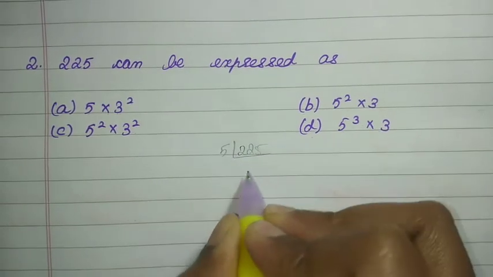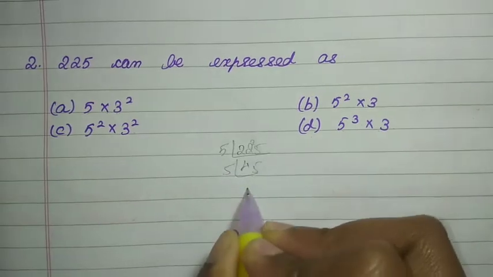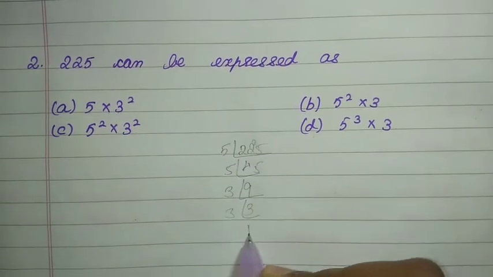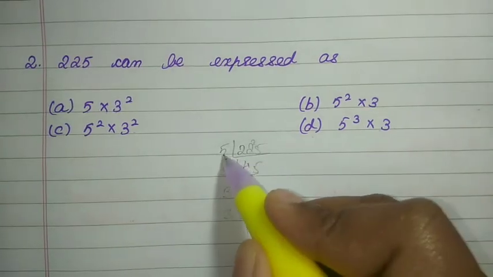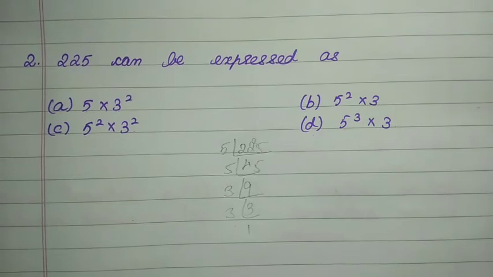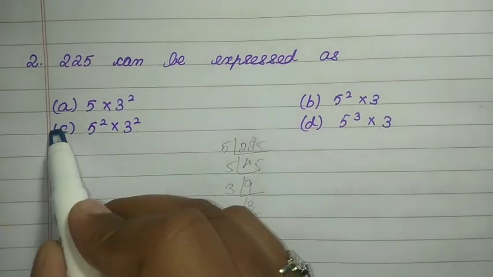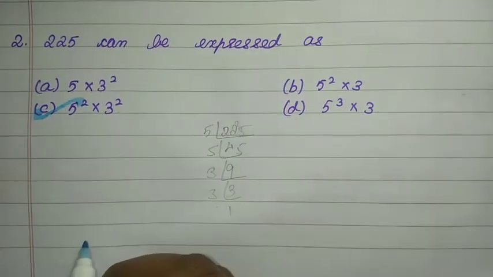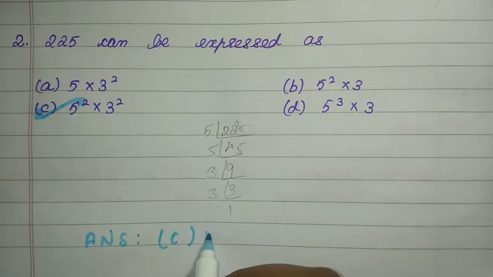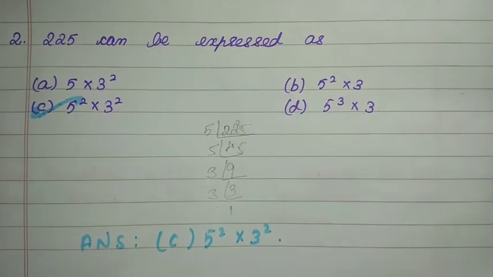So let me take 5. 5, 45, 5, 5, 9, 3, 3, 3, 1. So this is of the form 5 square into 3 square. So what is my correct option here? It is option C. So I will be writing the answer as option C, 5 square into 3 square. That's it.